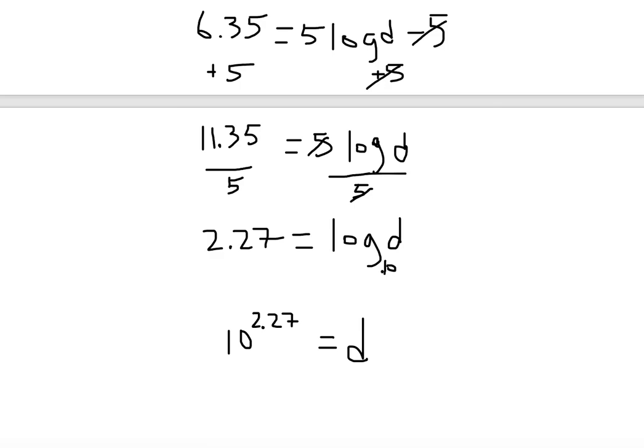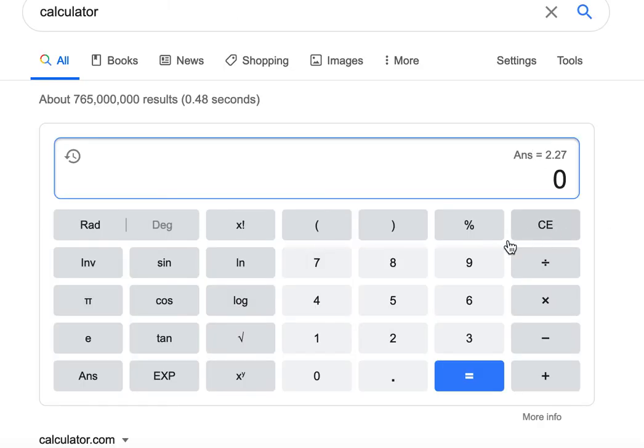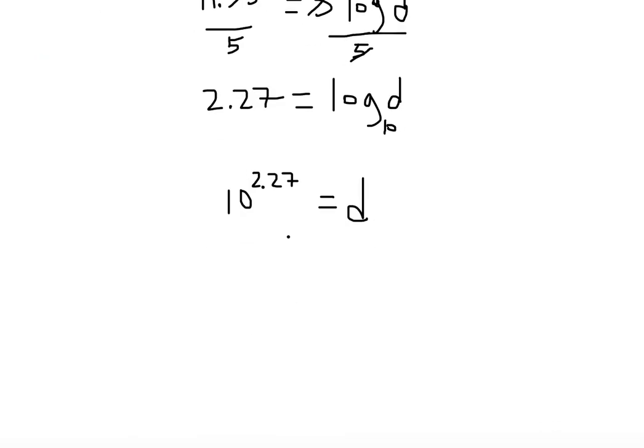Let's clear that out. Let's put in a 10, x to the y, 2.27. We hit equal, and we have 186 as our answer. So d is 186 parsecs, and that is the distance to Betelgeuse.